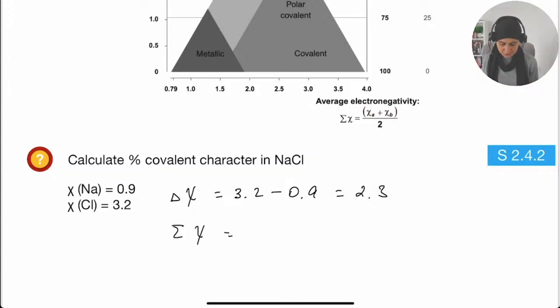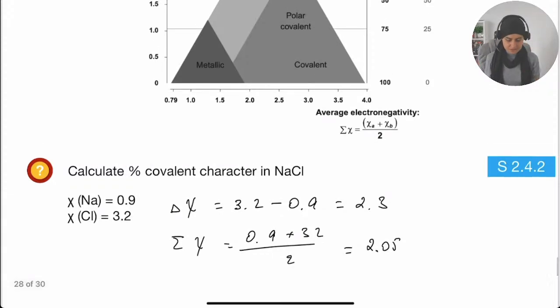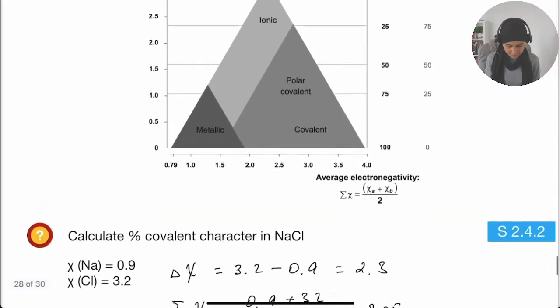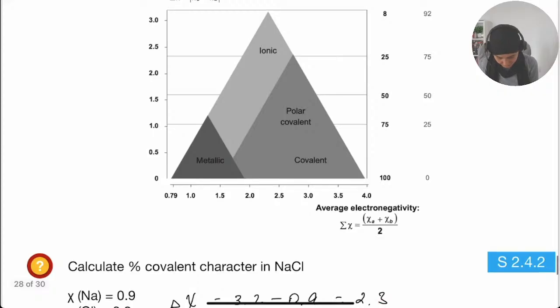So 0.9 plus 3.2 over 2, which is about 2.05. Now I have to find those numbers on the triangle. So difference 2.3, approximately here.